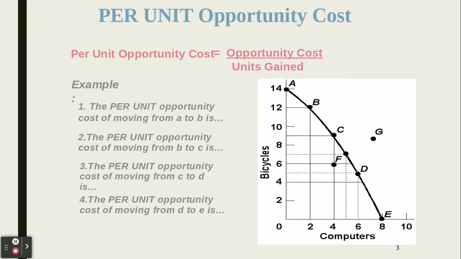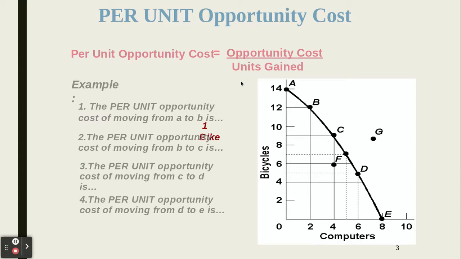We're not making any computers because we can't put 100% into bicycles and 100% into computers. We only have our limited resources, those scarce resources. So we have to decide where to put those resources. Okay. If we're going to go to point B, now we've given up 2 bicycles and we've added 2 computers.